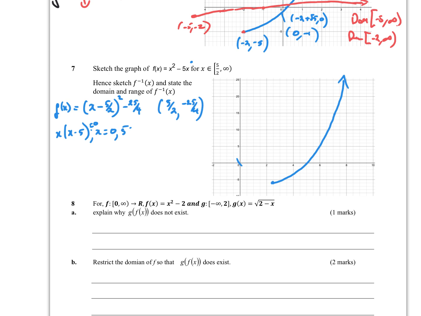Sketch the graph of the inverse. It doesn't say, and state the domain or range of the inverse. All right, so there's that one. So to find the inverse, swap x and y.